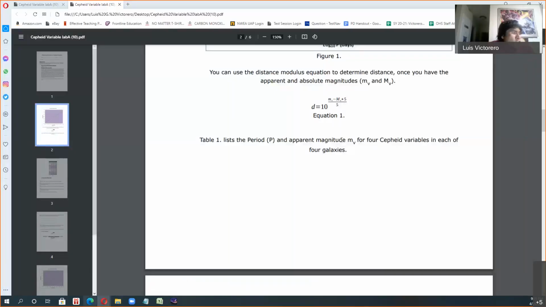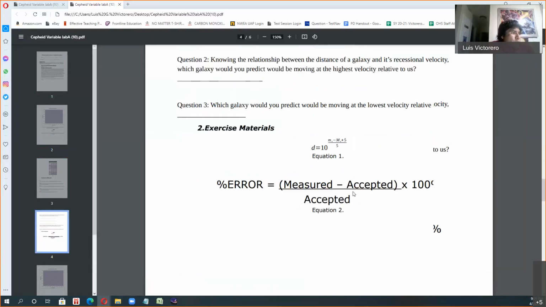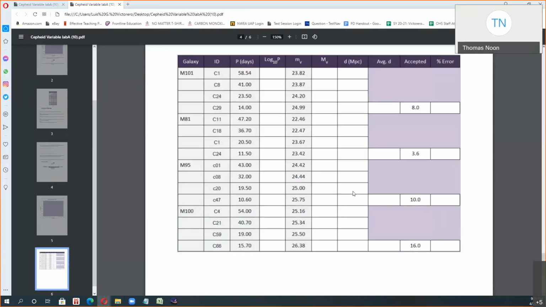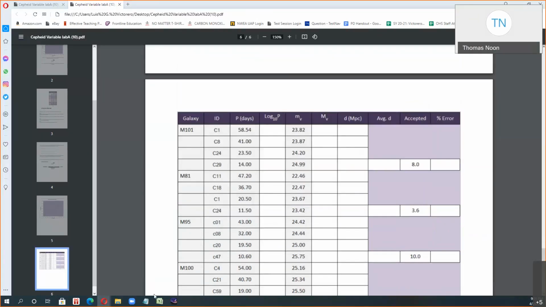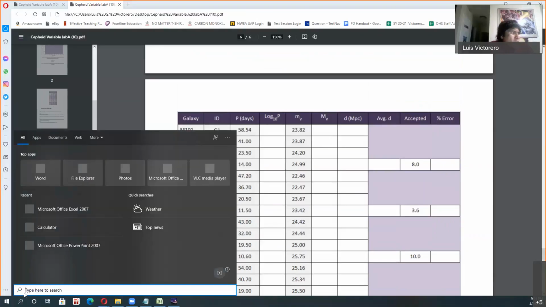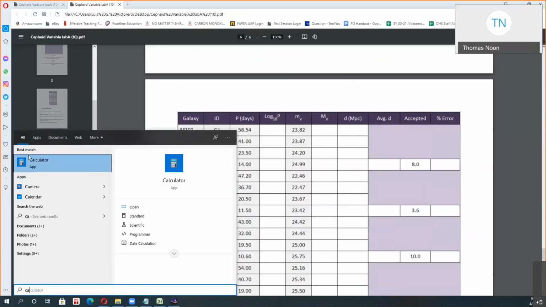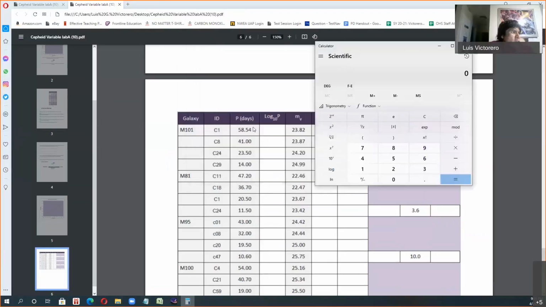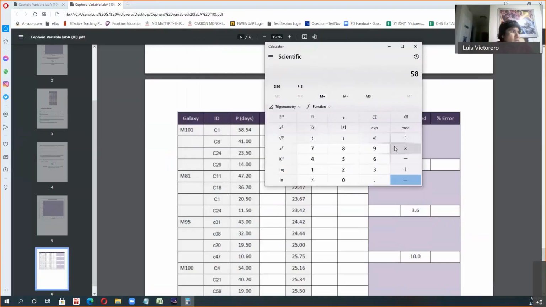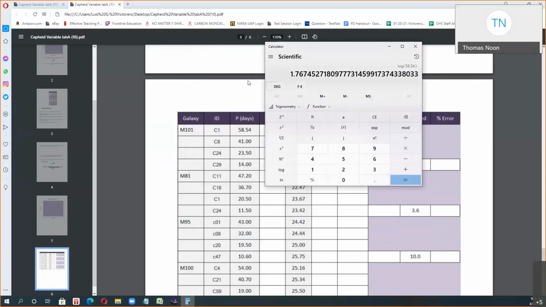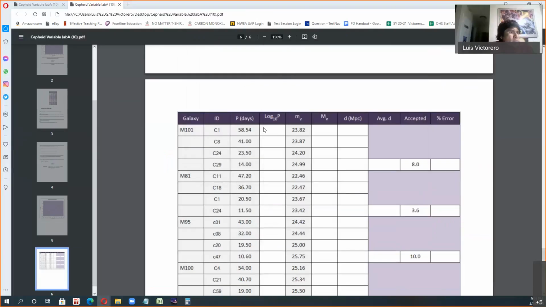You want to know how to use it or how you get the values? How you get the values. For this one, you can use the calculator. You use the 54, sorry, you take the log, and that will give you the number 1.77 that goes here. Just plug in the 54 and then log.